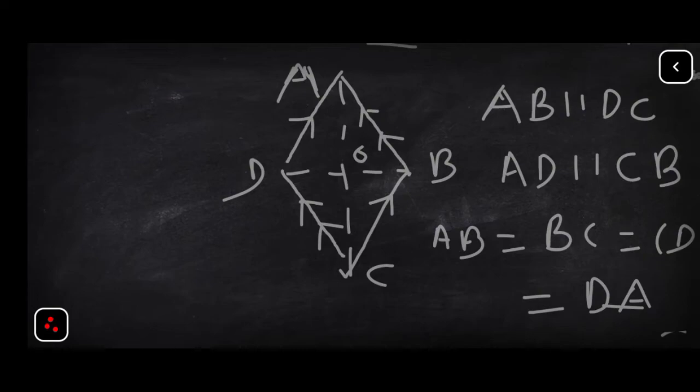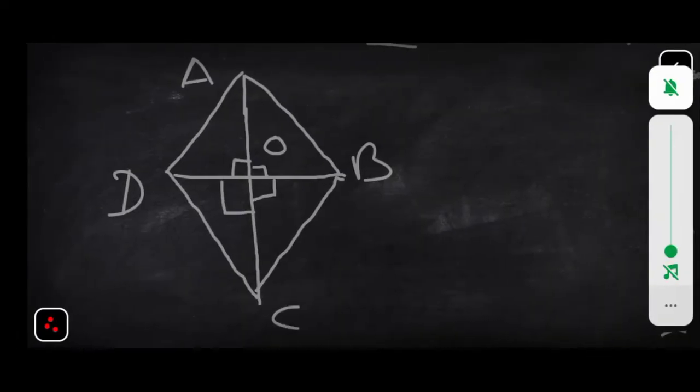Now the next one is the rectangle. We all have seen a rectangle. A rectangle is a parallelogram which has opposite sides of equal length and its diagonals bisect each other.